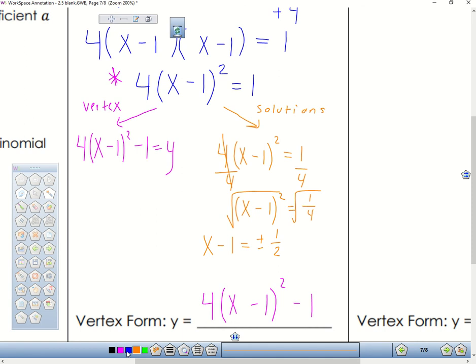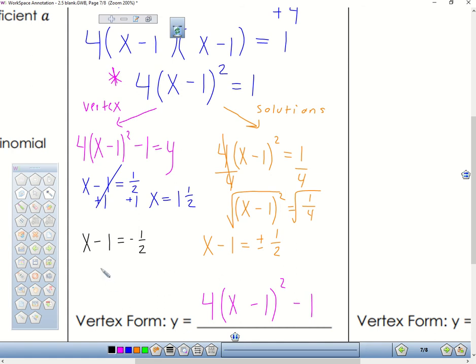Now to find my two solutions, I have a positive and negative version. I have x minus 1 equals 1/2, and down here I have x minus 1 equals negative 1/2. And you're going to solve each of these for x. So for the first one, I'm going to add 1 to both sides, and that's going to give me x equals 1 1/2, which is also 3/2 or 1.5.